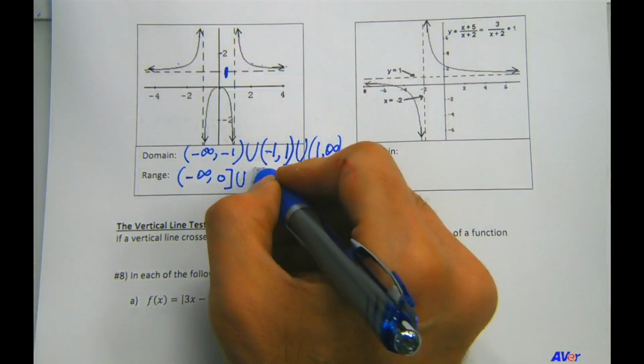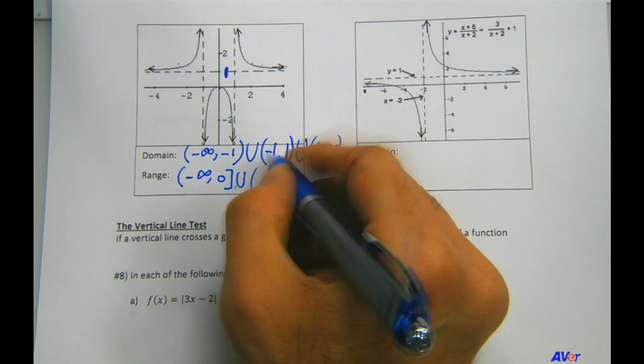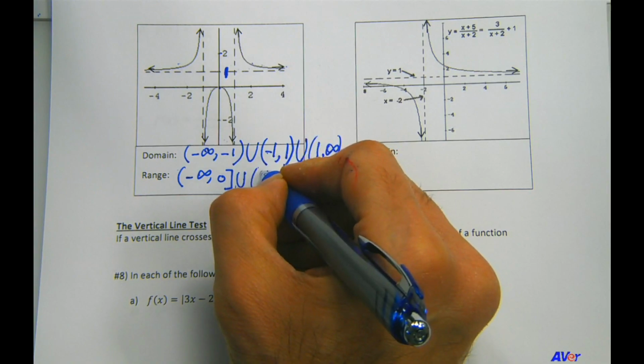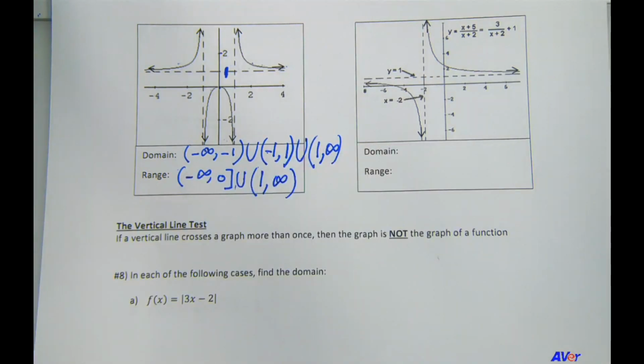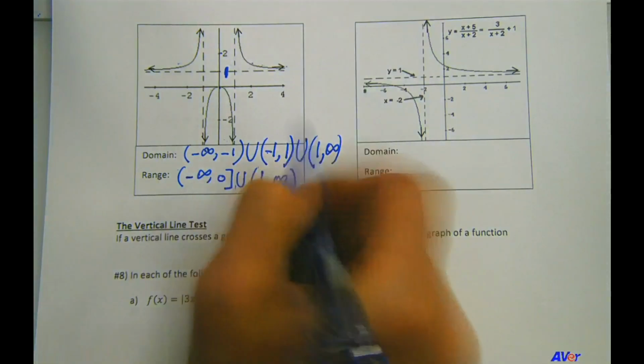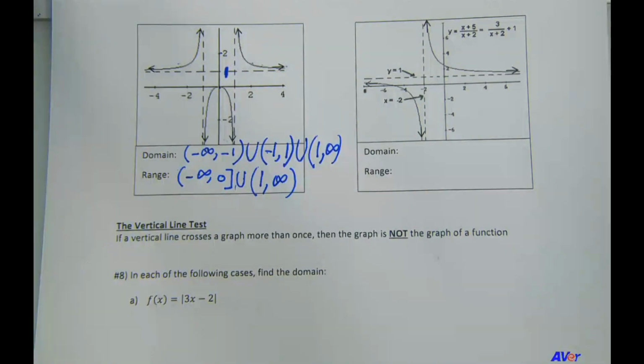So you say union, parenthesis 1, comma, infinity, parenthesis. That covers both pieces because their behavior is identical with respect to the y-axis.